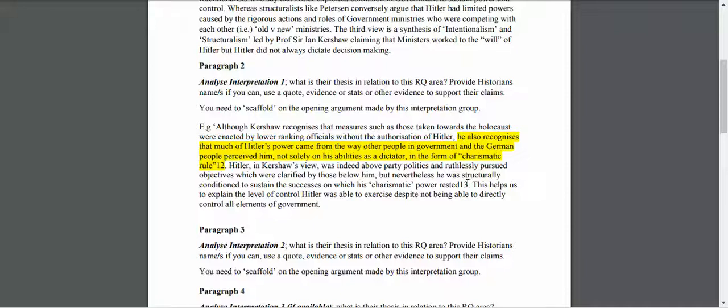Get those different interpretations, sometimes disagreeing, what we call counter-argument, sometimes supporting the previous one, what we call scaffolding. Get them in and use them. Don't just concentrate on the one person.